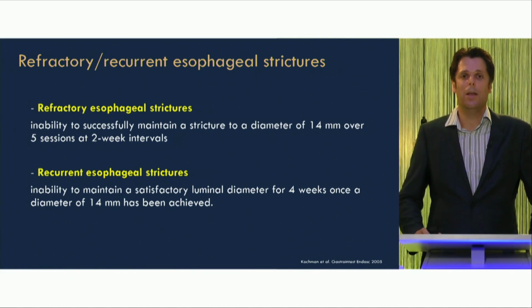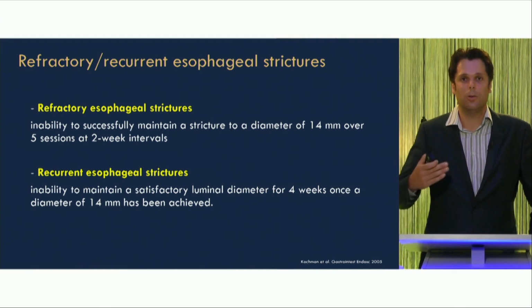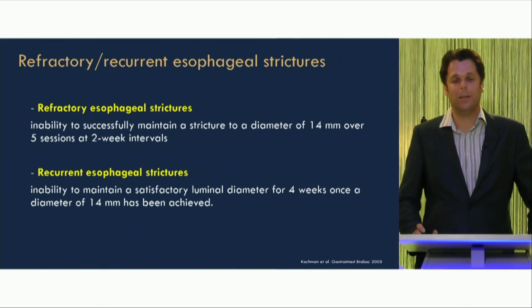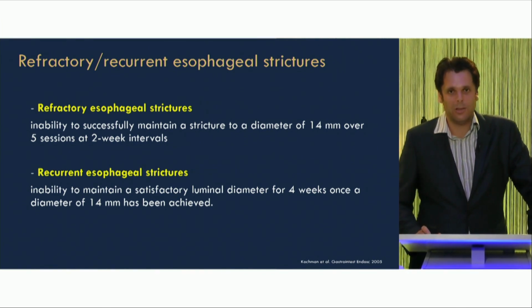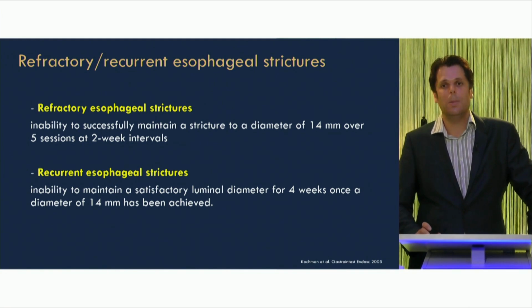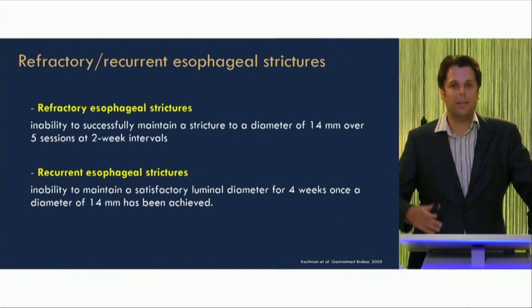So if after 5 dilations with 2-week intervals you have not reached a diameter of 14 millimeter, this is called a refractory esophageal stricture. A recurrent esophageal stricture is the inability to maintain a satisfactory luminal diameter for 4 weeks once this diameter of 14 millimeter has been achieved.